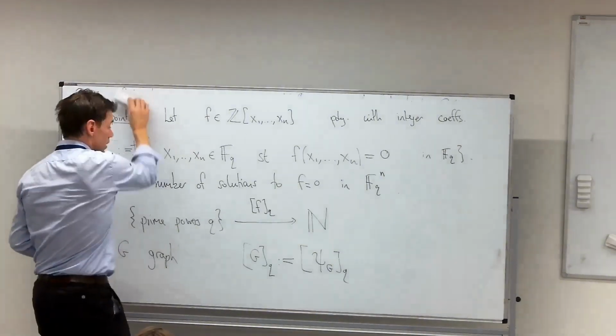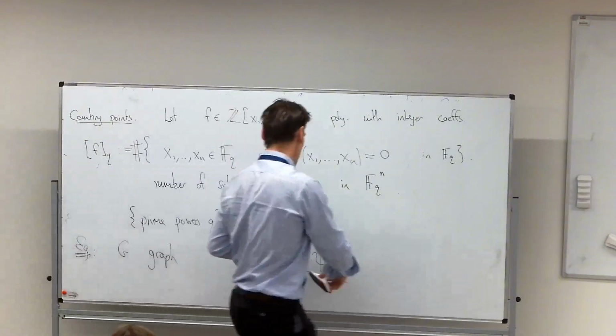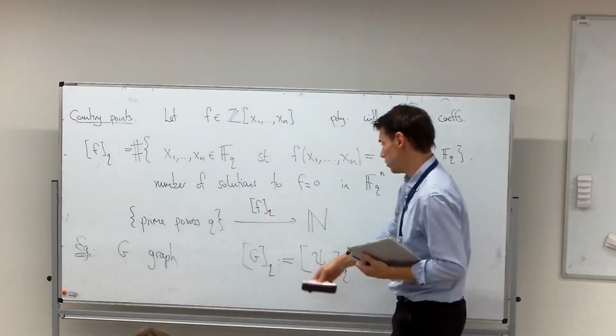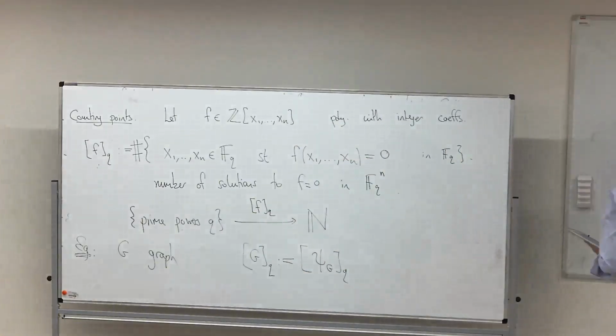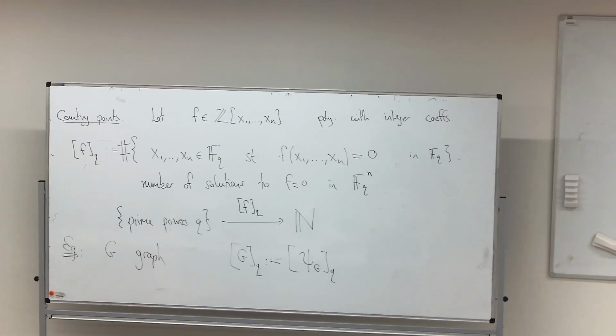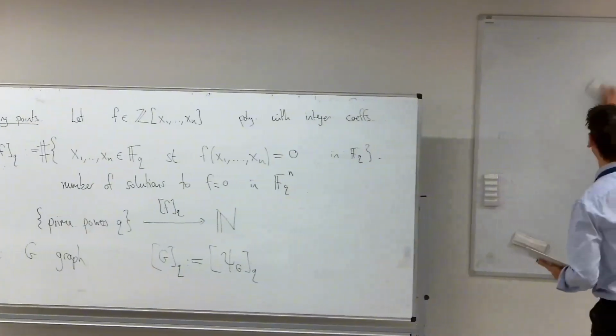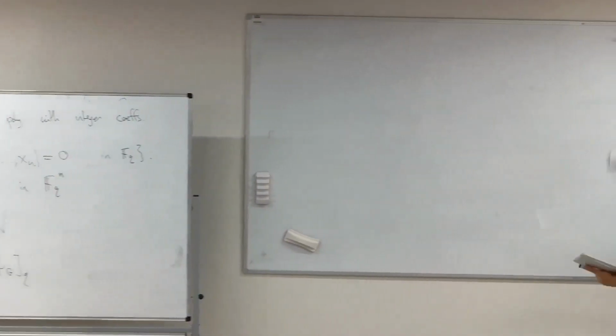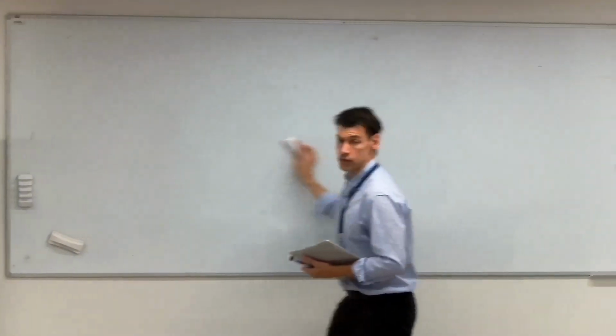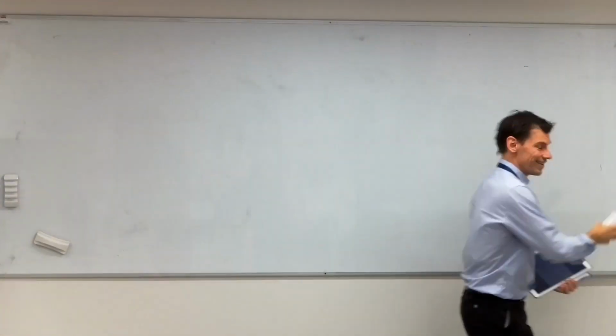And so it gives us a map from graphs. If you have a graph and a prime power, you get an integer. And so we get a very strange type of combinatorial invariant on graphs. And it's going to get stranger.